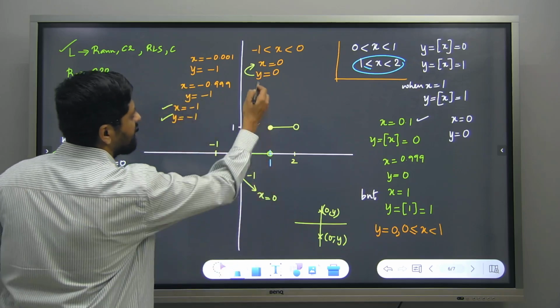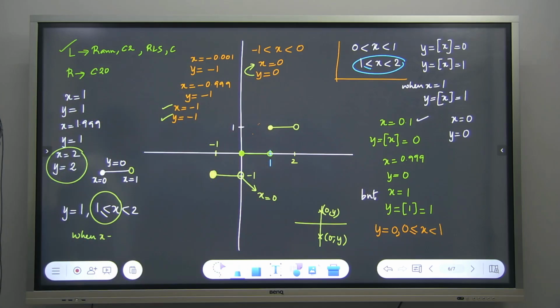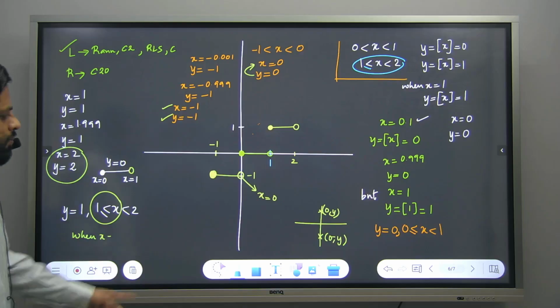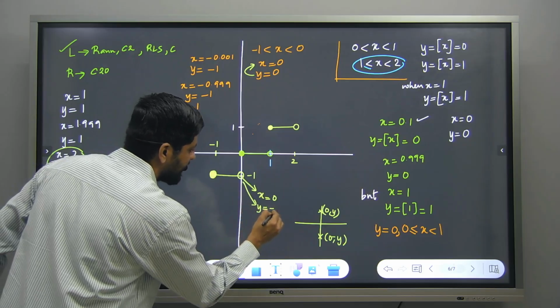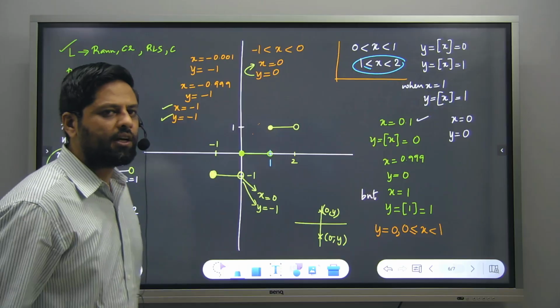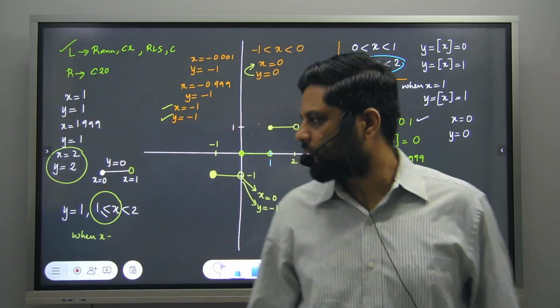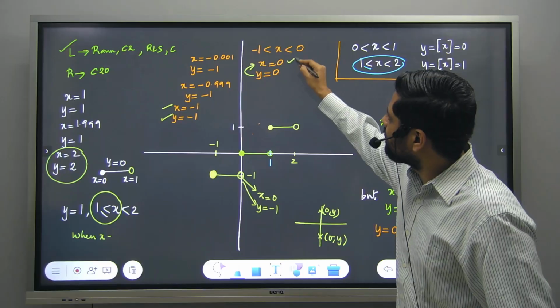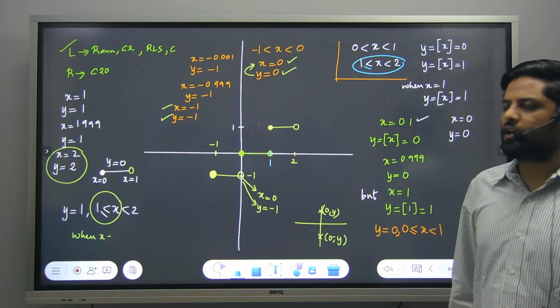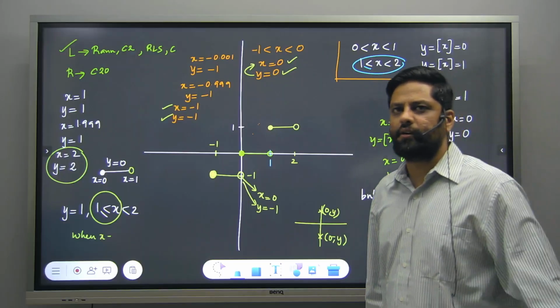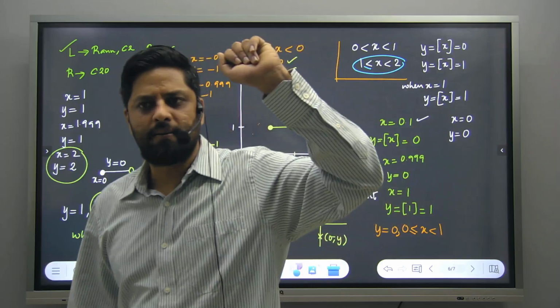If x is 0, what did we discuss about the value of y? Y is 0. But what is y here? Minus 1. That is why that particular point is not included, because when x is 0, y should be 0. It cannot be minus 1. I hope you have understood.